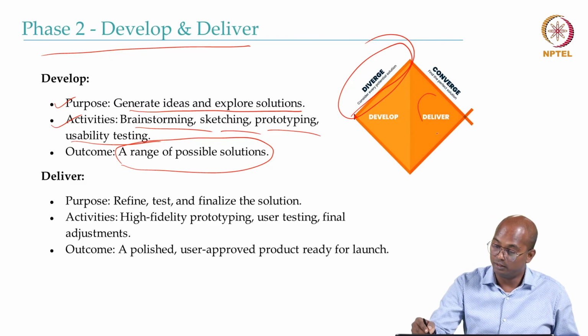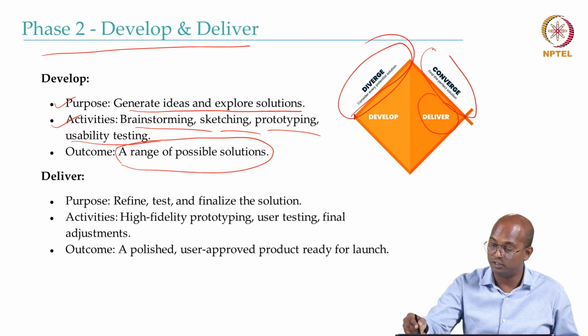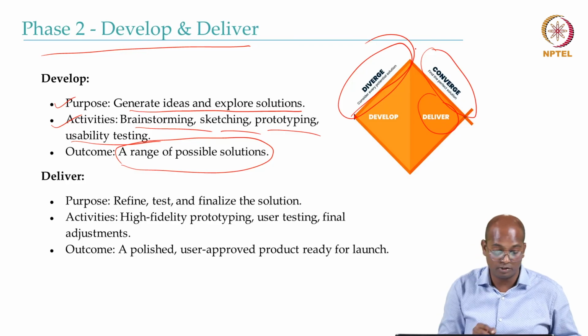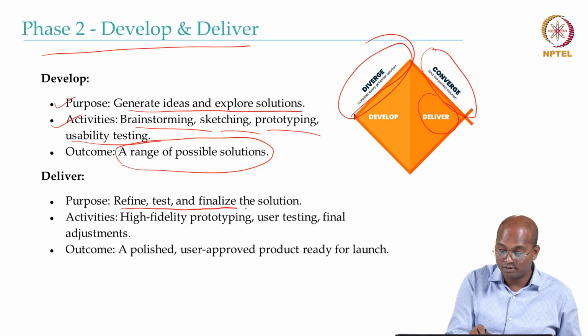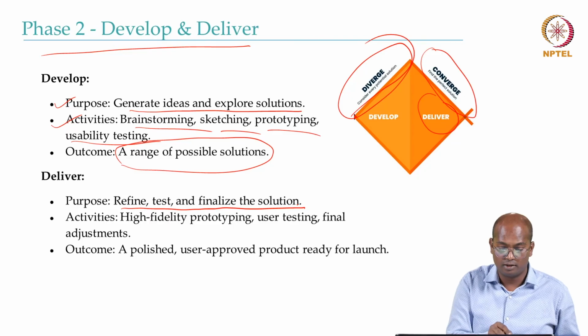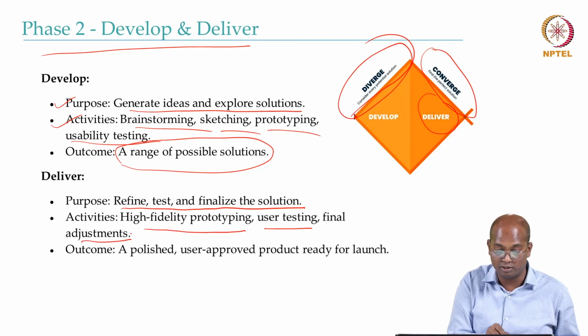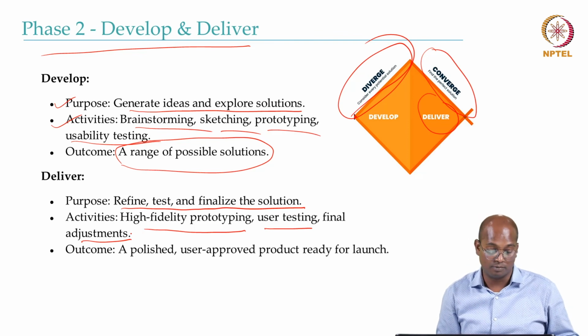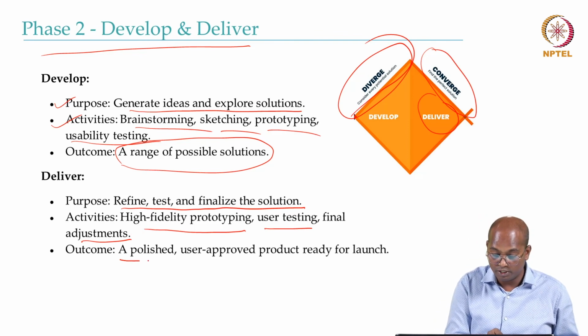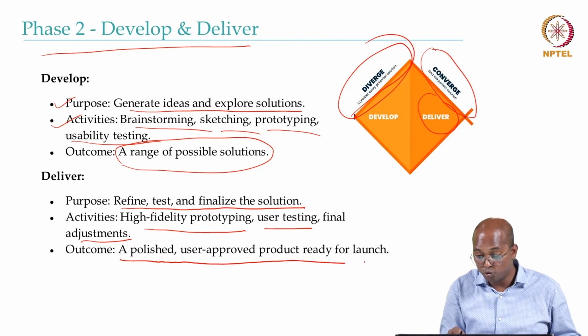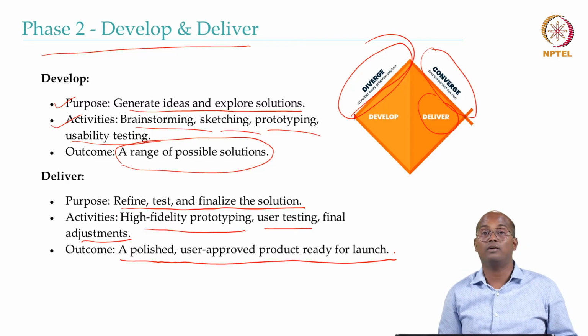And as part of the deliver phase, which is focusing on converging to the perfect solution, you refine, test, and finalize the solution. There are activities such as high fidelity prototypes, user testing, and final adjustments that can be done to the system. And the outcome will be a polished, user-approved product ready for launch.